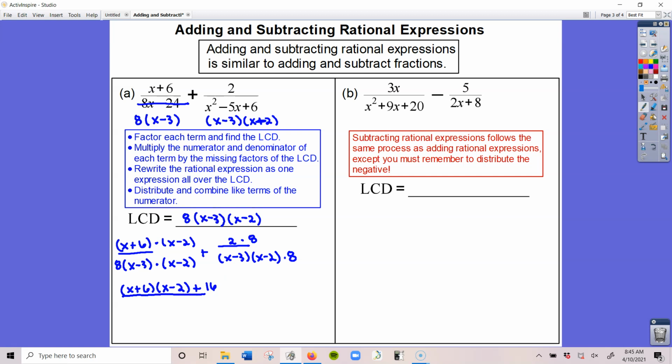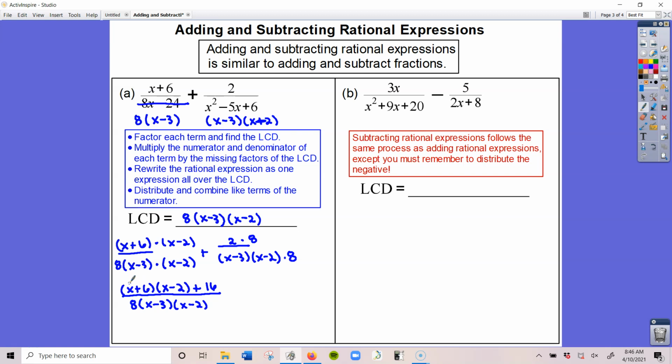And now all of this is going to be over the LCD since they both now have the same denominator, which is 8 times x minus 3 times x minus 2. Now, for the numerator, you're going to distribute everything and combine like terms. But for the denominator, you don't have to. Just leave it factored. It's a little bit less work for you to do.